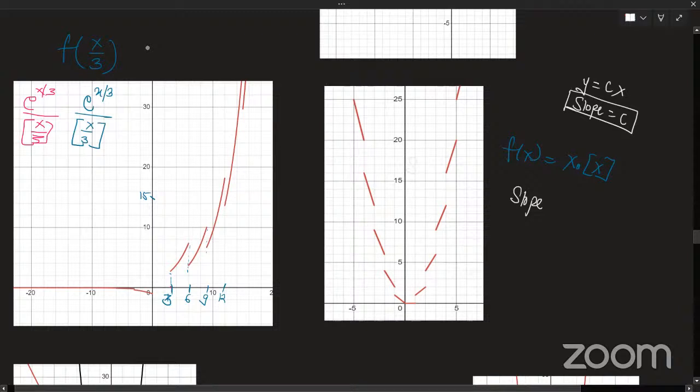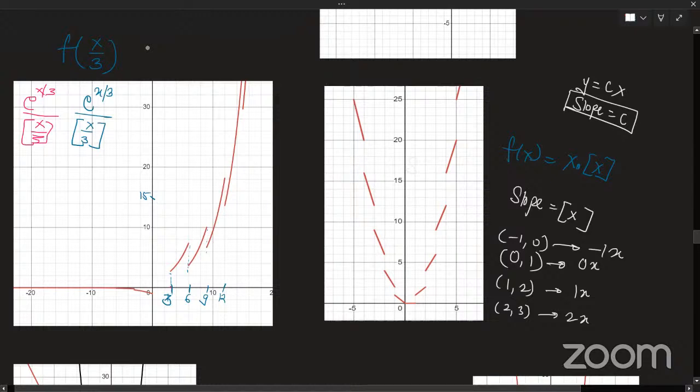So I have x multiplied by GIF of x, so my slope will be GIF of x. But my GIF of x is itself piecewise. So between 0 and 1, it will be 0, so it will behave as 0x. Between 1 and 2, 1x. Between 2 and 3, 2x. Similarly, between -1 and 0, it is -1x.